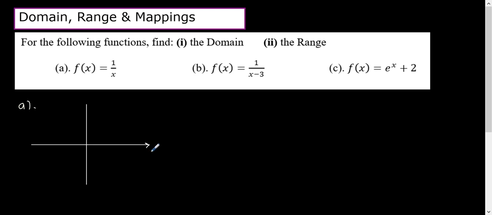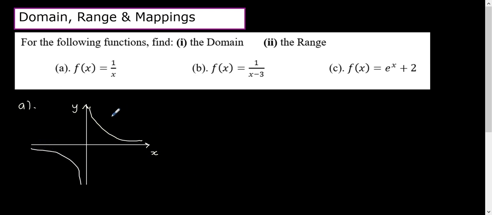So here's my sketch, my x-axis, my y-axis, and you have to forgive the sketch somewhat, but for the graph of y equals 1 over x, I know that it looks like this. Let's try that sketch again. It looks like this, and it looks like this.